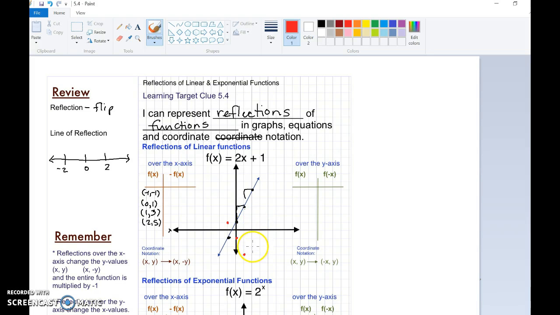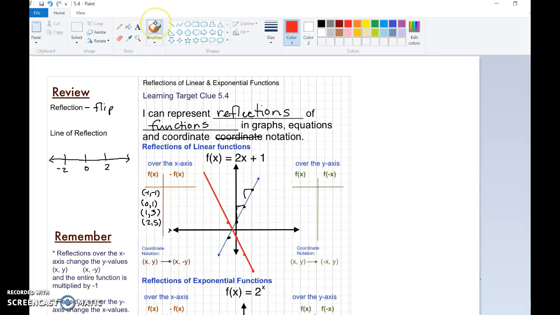And there I have my points that I've just reflected over the x-axis, and I could draw my line something like that. All right? And I've just reflected my line over the x-axis.